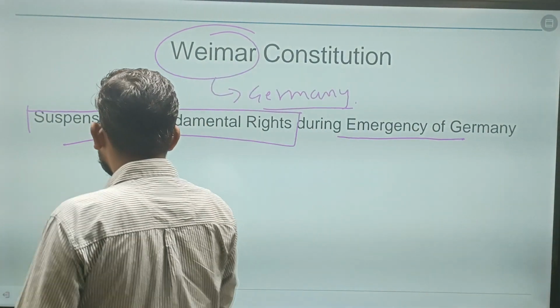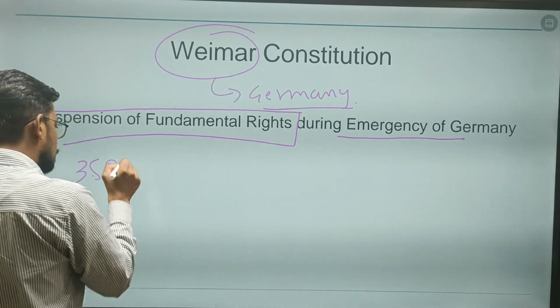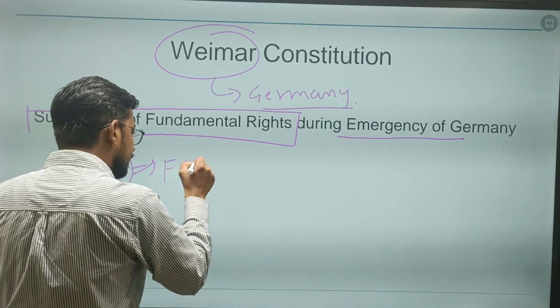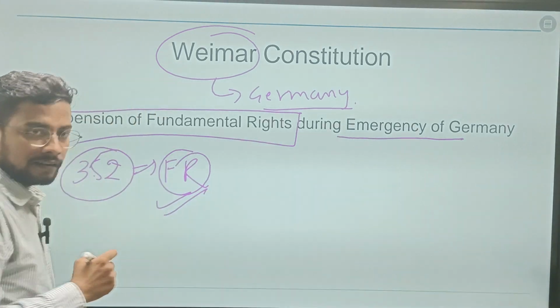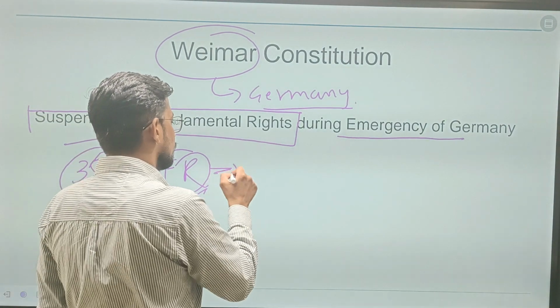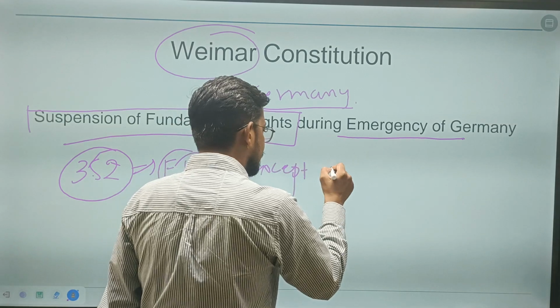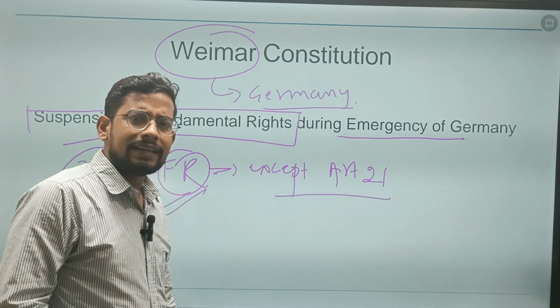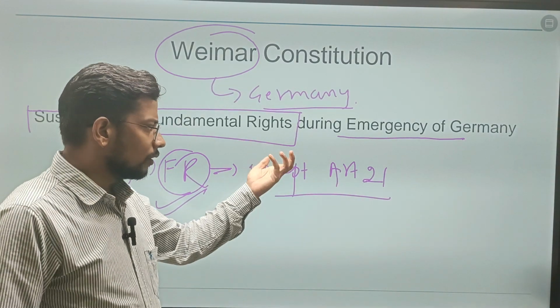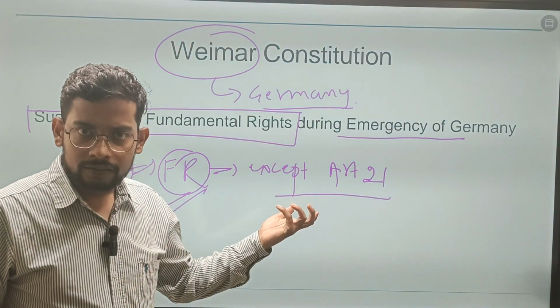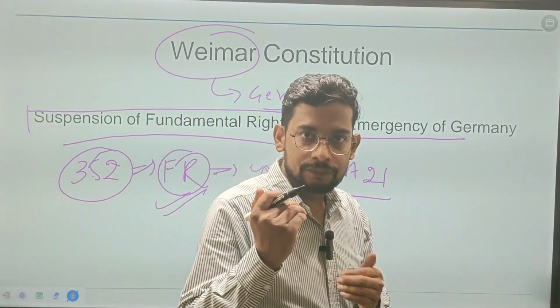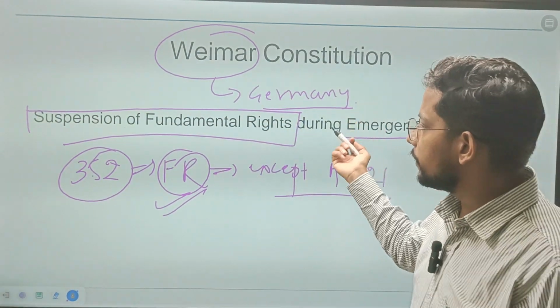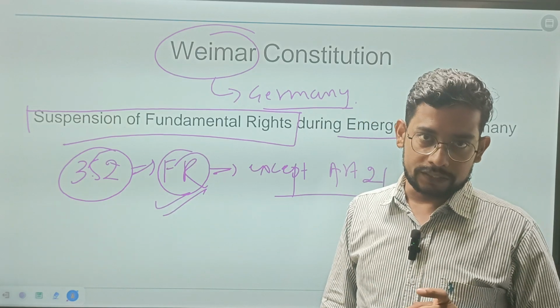For example, if there is an emergency under Article 352, then fundamental rights are automatically suspended in India, except a few, such as the fundamental right of Article 21, the right to life. Almost all other fundamental rights are suspended. This methodology we have copied from the Constitution of Germany, because Germany has this provision.